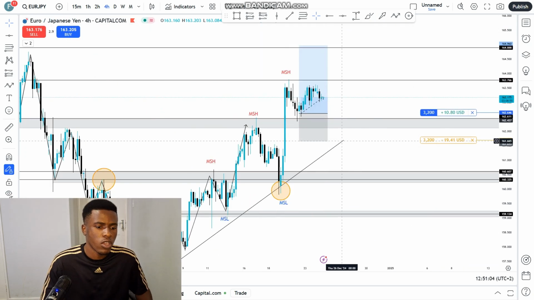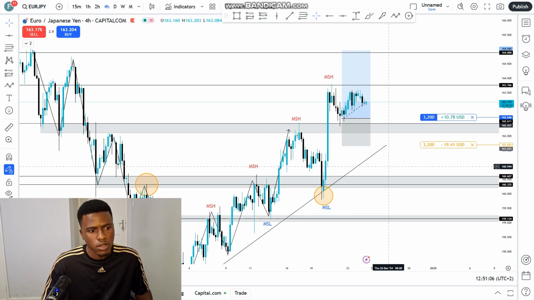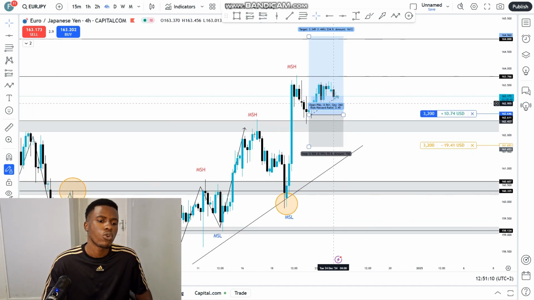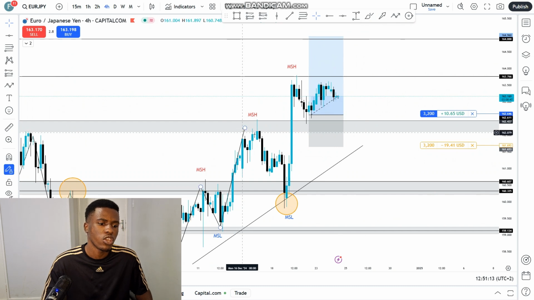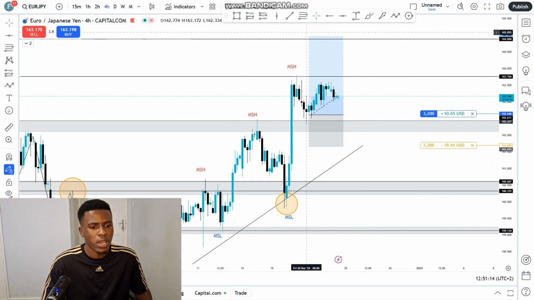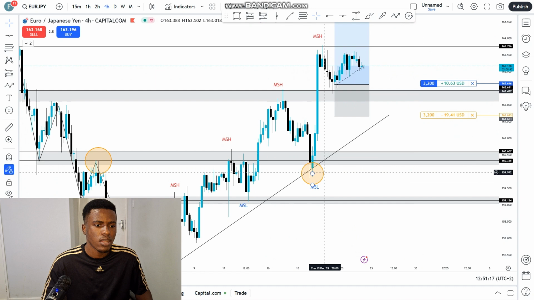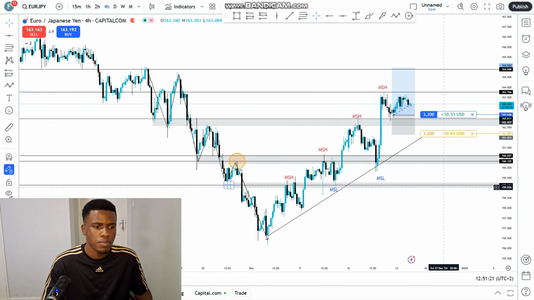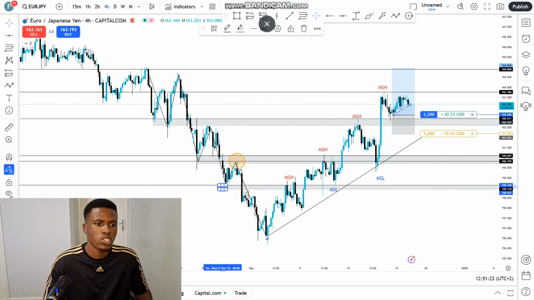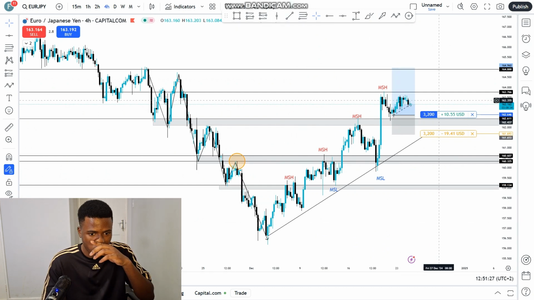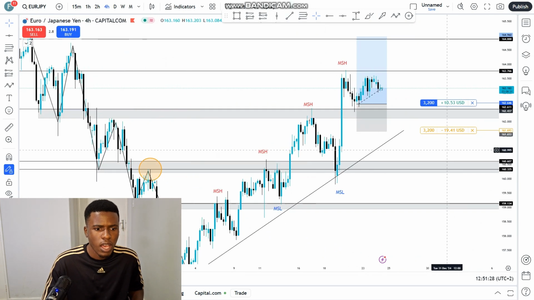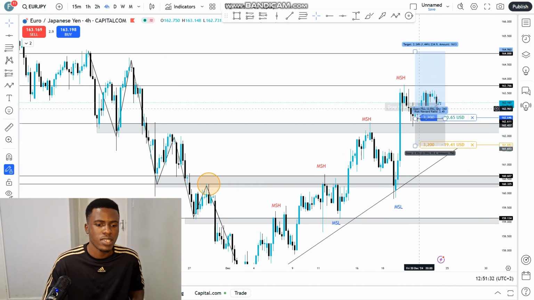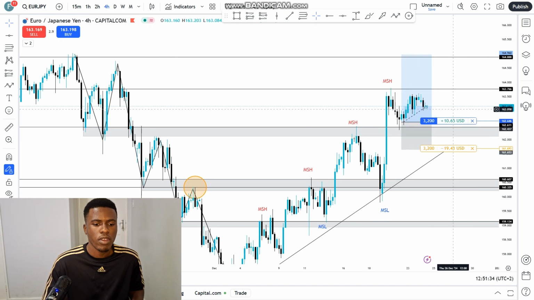And also another thing, the economy of Japan is not really looking good at the moment. So I am expecting a continuation to the upside, and the euro is not doing great either, but it's holding in better than the Japanese yen, right? So as you can see here, I have a position running and I am expecting a continuation to the upside, since like I said, the risk assets are more favorable.